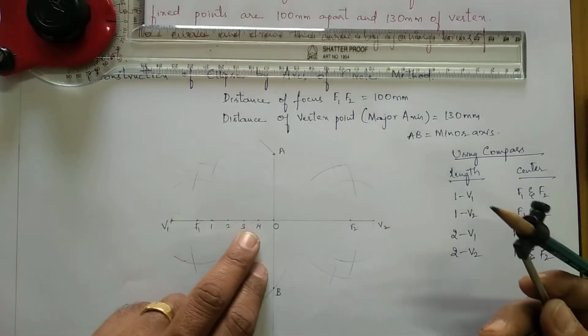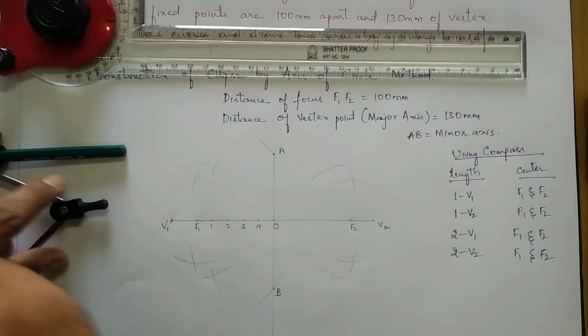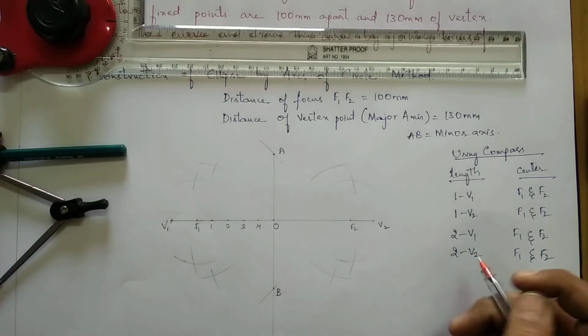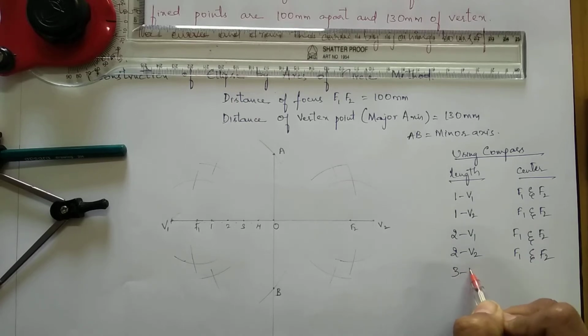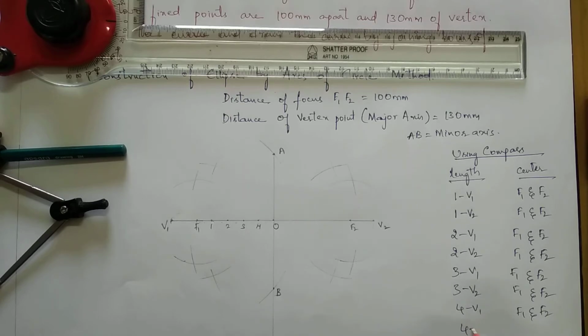So similarly go for doing it for the third and fourth point also. So directly I will mention it to you for your understanding: 3 to V1 length, F1 and F2 as the centers, 3 to V2, F1 and F2, 4 to V1, F1 and F2, 4 to V2, F1 and F2.